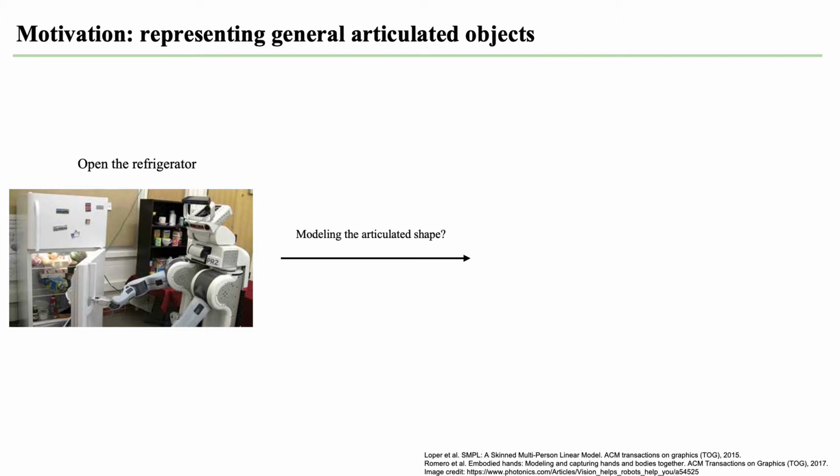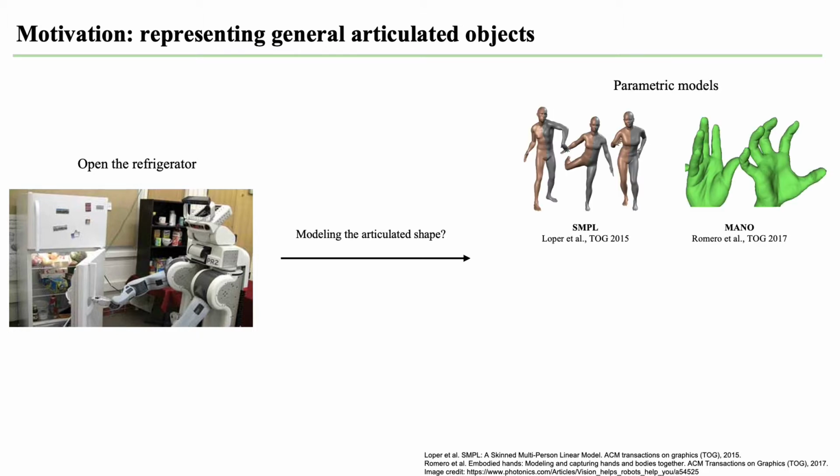So what are the existing approaches for modeling articulated objects? Parametric models have been widely applied to represent articulated shapes, such as SMPL for human bodies and MANO for human hands. However, such parametric models require substantial efforts from experts to construct and usually assume a consistent skeleton for each model.